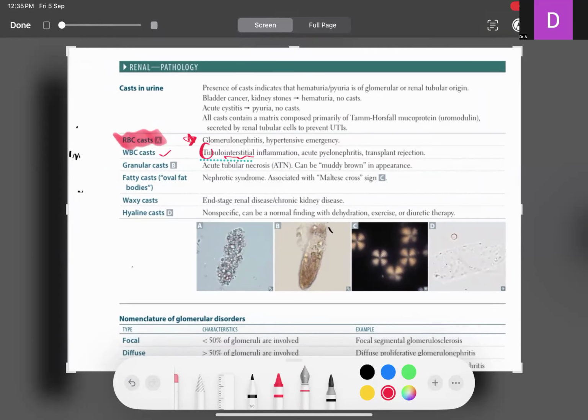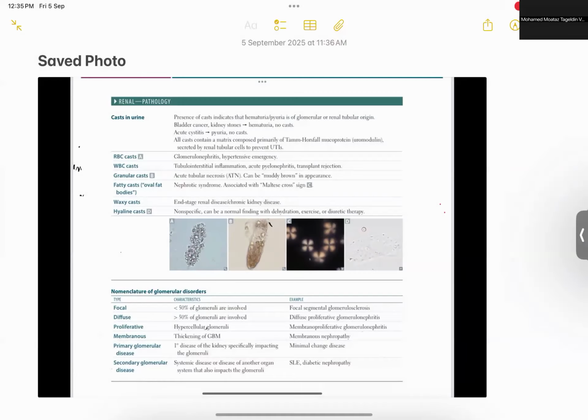You don't have to memorize all at once. You will get it once you go through all the diseases, okay? Granular cast is important. Most of the time they ask about it in ATN, okay? Fatty cast, you know the concept, so you don't have to memorize it. Waxy casts, we have discussed in end stage renal disease, and hyaline in dehydration, okay? Okay, thank you, doctor.